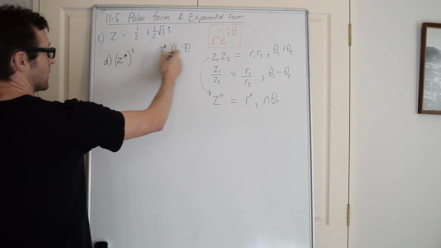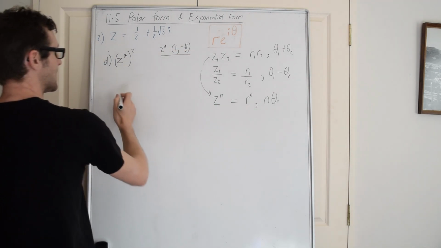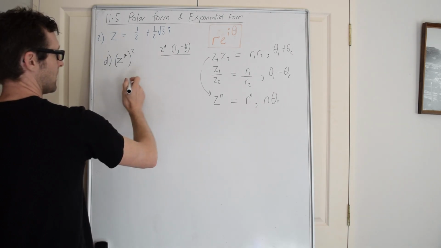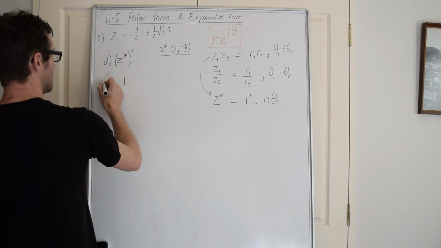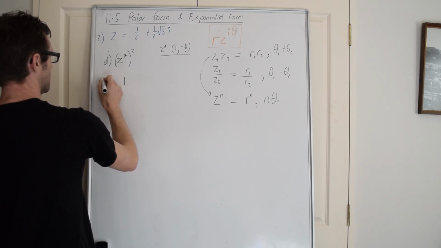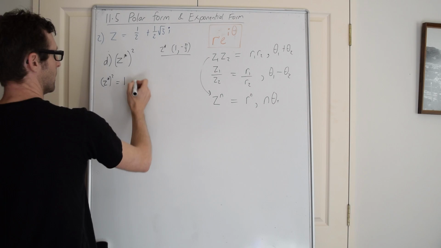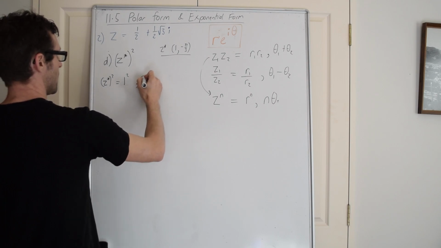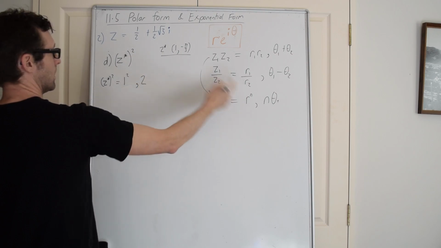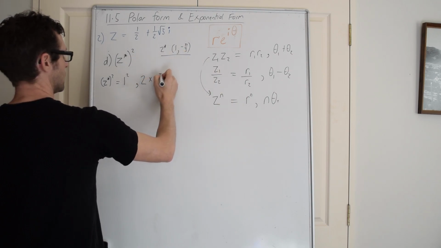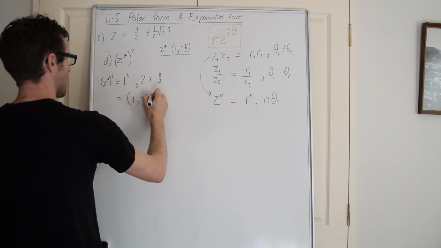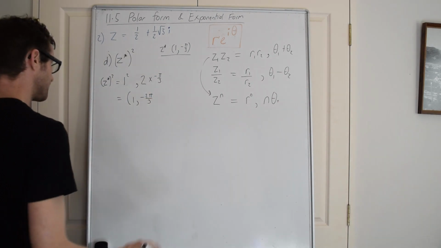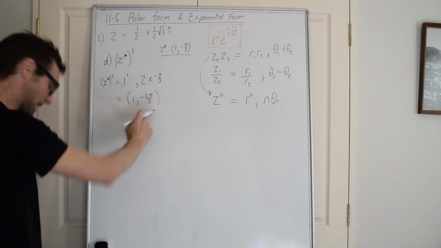Now we're going to use this rule here again. Z star to the power of 2. So we take our modulus and put that to the power of 2. Then we multiply the argument by n. And so we have 1 comma negative 2 pi over 3. And that is the modulus, and that is the argument.